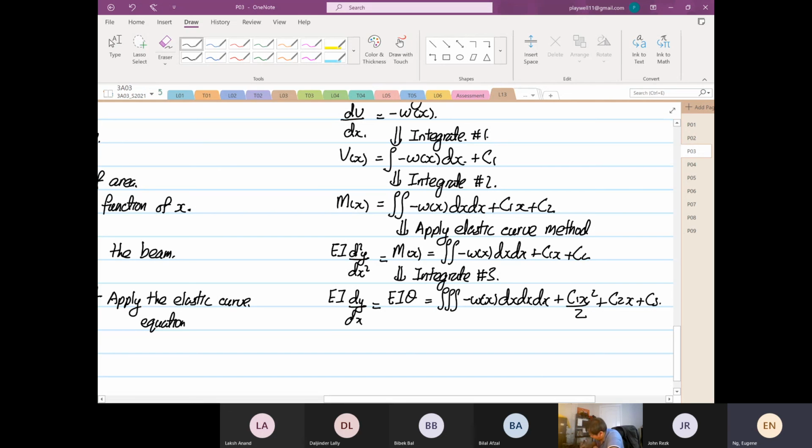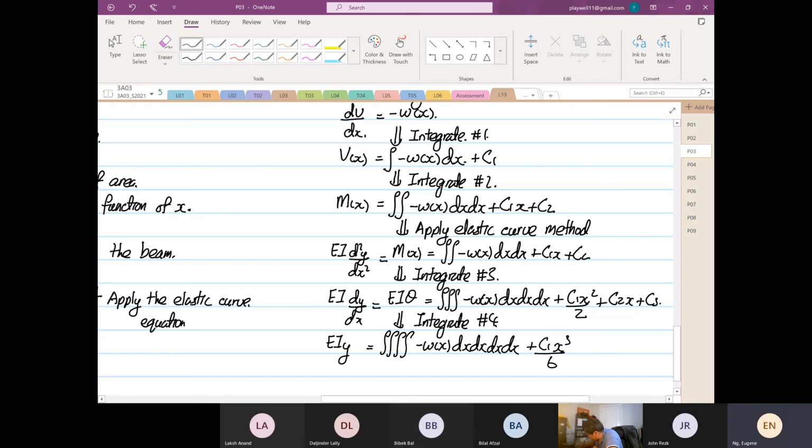And then finally you integrate the 4th time. You have EIy equal to minus omega as a function of x, x cubed over 6 plus C2x squared over 2 plus C3x plus C4. It's not that bad when we are doing an actual problem.